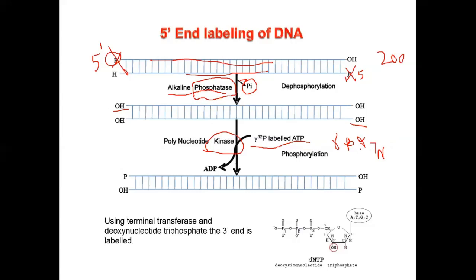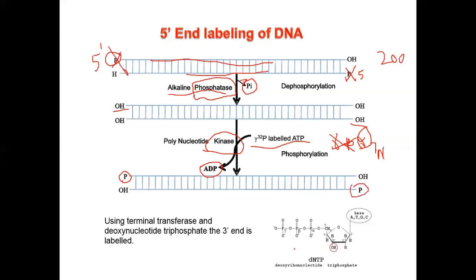So this alpha phosphate is P32 labeled. The other two phosphates get removed because only one phosphate is added.